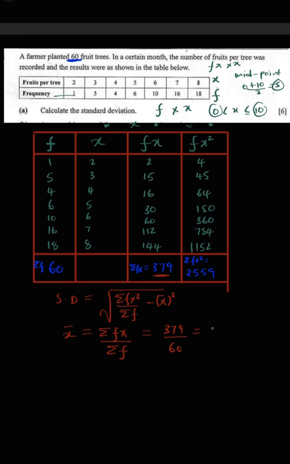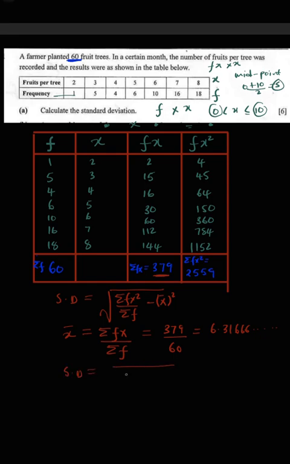So I'm getting 6 point. This is not the final answer. We're not yet done with finding standard deviation. So after finding the mean, we can now find the standard deviation. Let's compute the standard deviation.